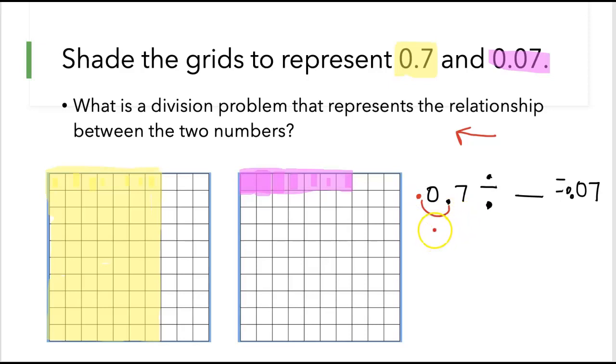I would be dividing by 10, because I'm moving one place value. So 0.7 divided by 10 is 0.07 or 7/100ths. Okay.